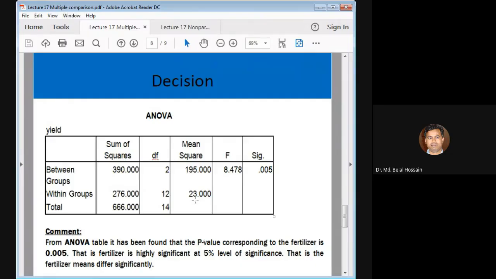So this is only needed when your ANOVA hypothesis is rejected, otherwise not, okay. If you get that your null hypothesis is accepted in ANOVA, that means that all the means are equivalent, then you don't need to calculate LSD. You don't need any multiple comparing, okay.